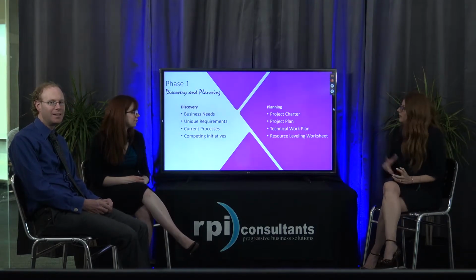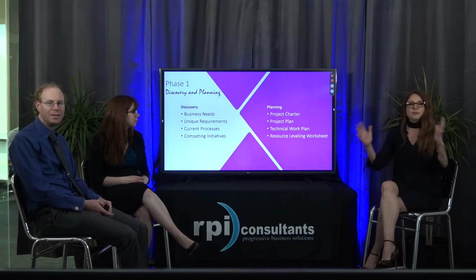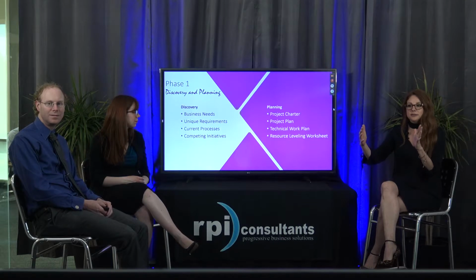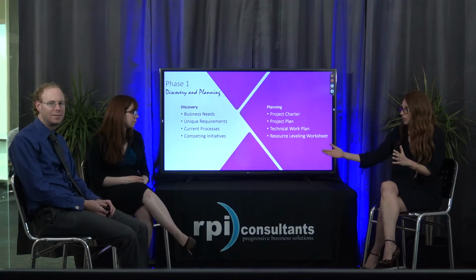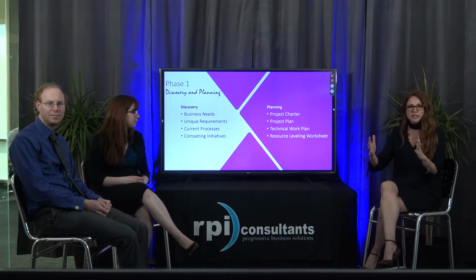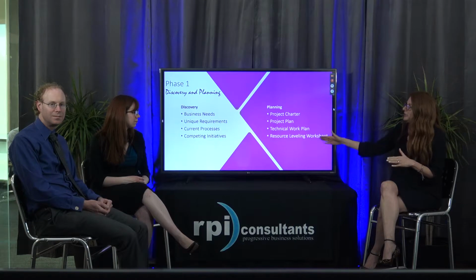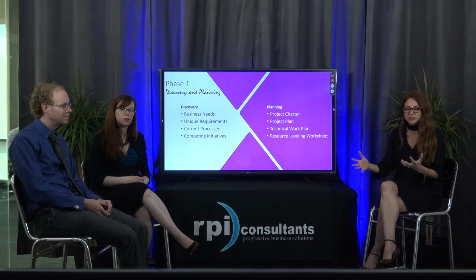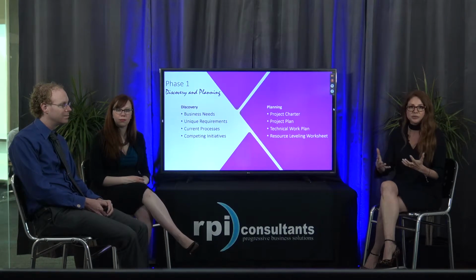Okay, so our phase one. Your discovery has happened, or it's going to be happening, and the planning with your project manager to create all of the scope and those documents happens. So we're really in this phase one piece, but during discovery, you'll have an implementation partner, consultants go out and talk through all of those business needs that you have.